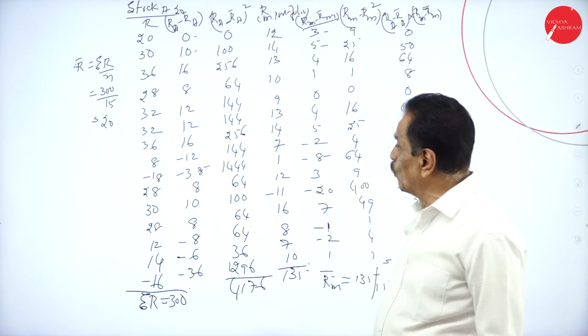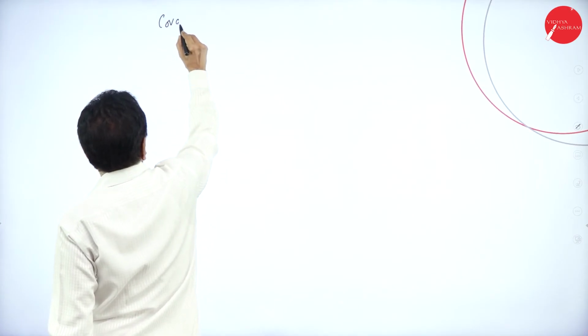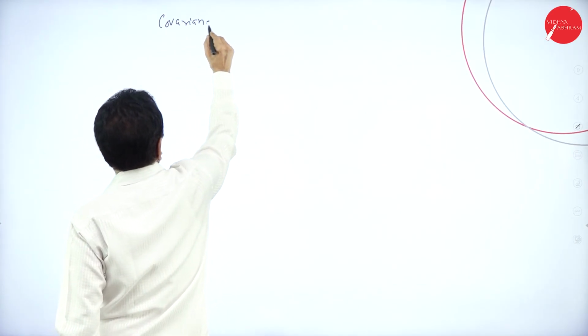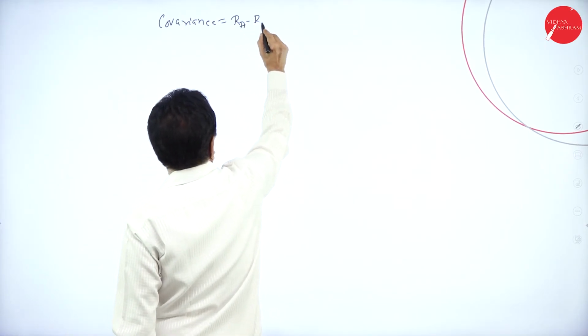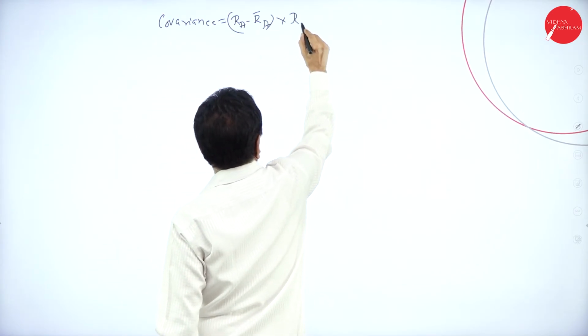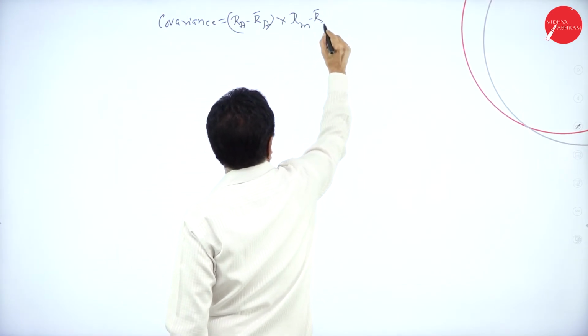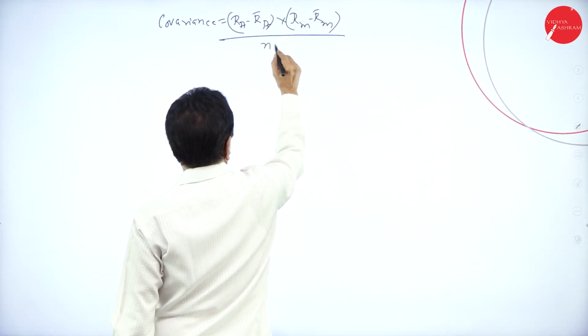So we'll go with the covariance: RA minus R mean A into RM minus R mean M divided by N minus 1.